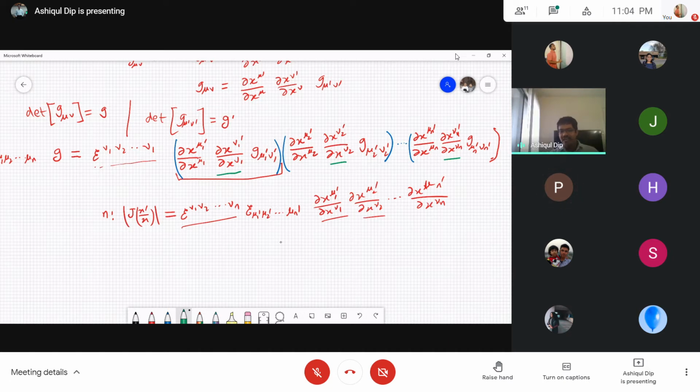Look. Here I have unprimed indices. So primed indices are differentiated with respect to unprimed indices, and those unprimed indices are summed over with E. That's what's happening here. And we are missing dummy indices, this term obviously.